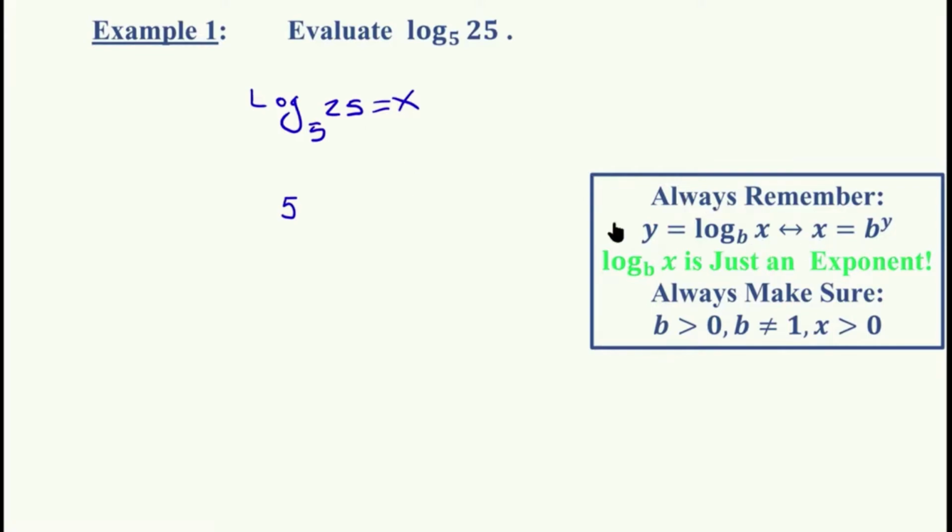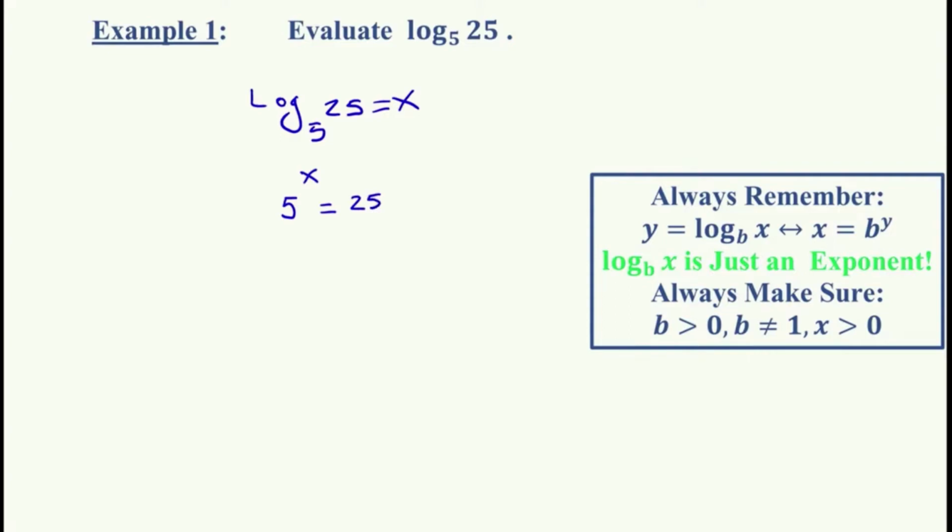The entire logarithm, which is x here, becomes the exponent, so 5 to the power of x equals, and this in here is going to be the whole power, so 25.